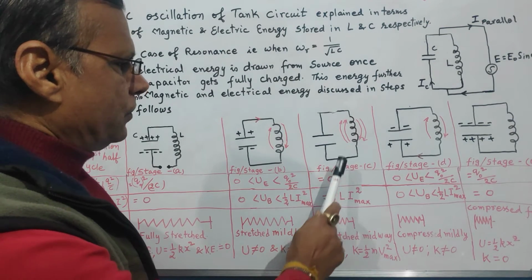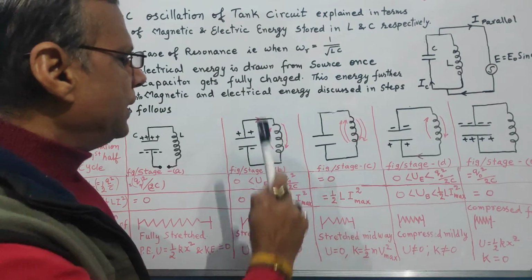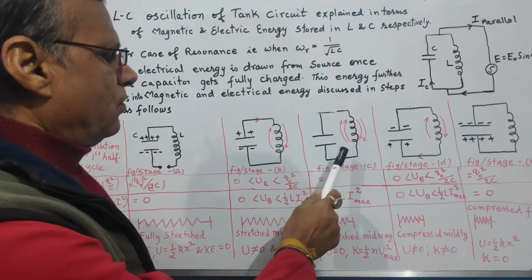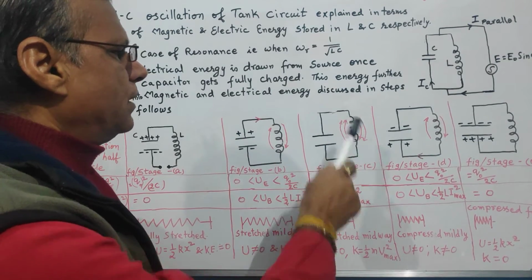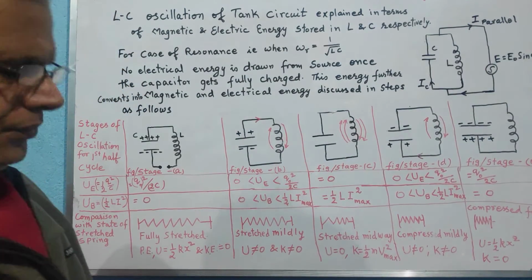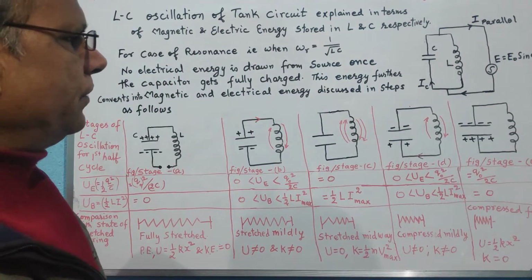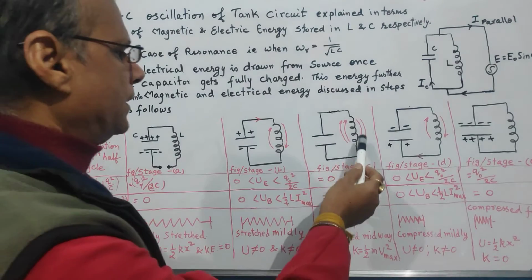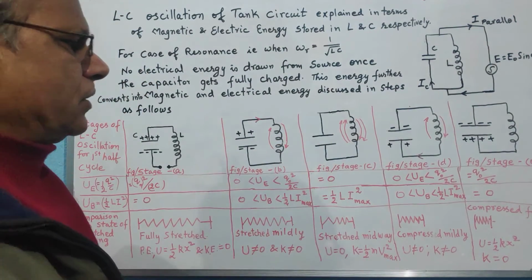Finally, when the capacitor gets fully discharged, the total electrical energy is now stored in the form of magnetic energy in the inductance coil, and the capacitor is fully discharged.